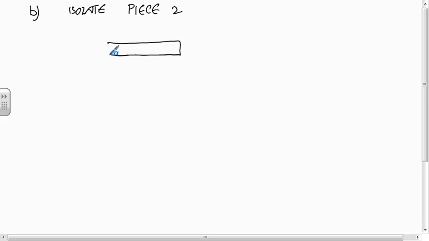So now, part B, isolate piece 2. So now there's all this part of the member that isn't included in our free body.